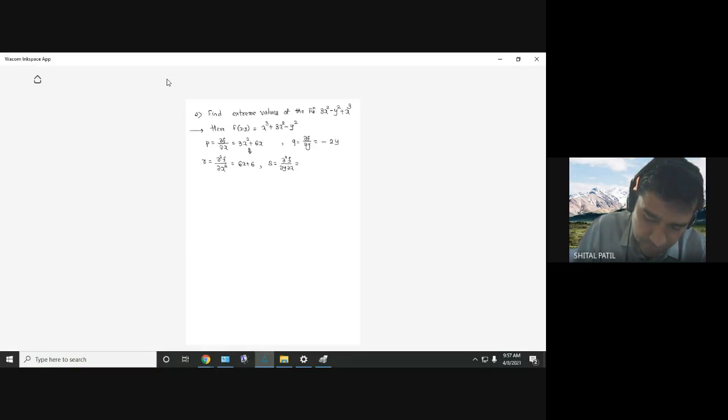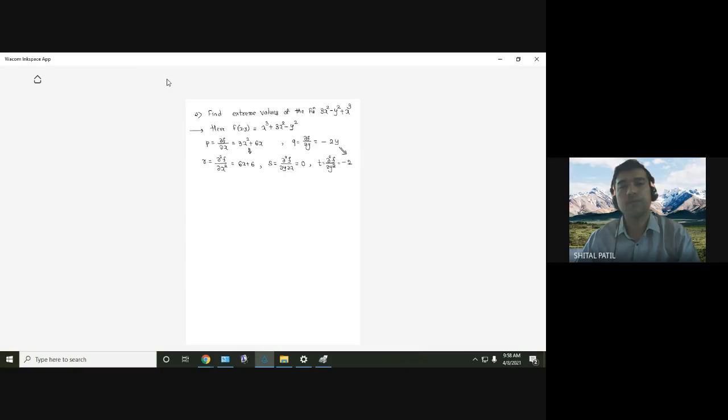So derivative with respect to x is already known to us, 3x square plus 6x. Derivative with respect to y now, 0. Derivative of this with respect to y.